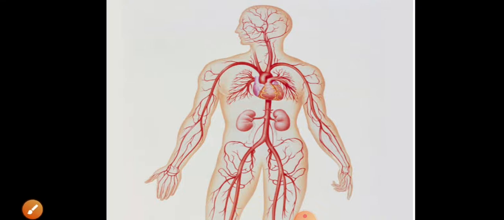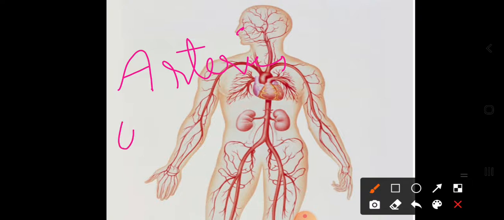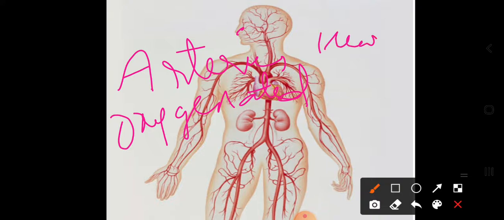Here in this picture, you're able to see only the artery. Arteries means those blood vessels which are always collecting oxygenated blood. They're always pumping the oxygenated blood from heart to cells.